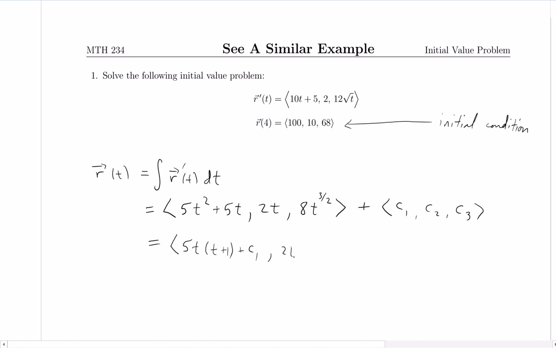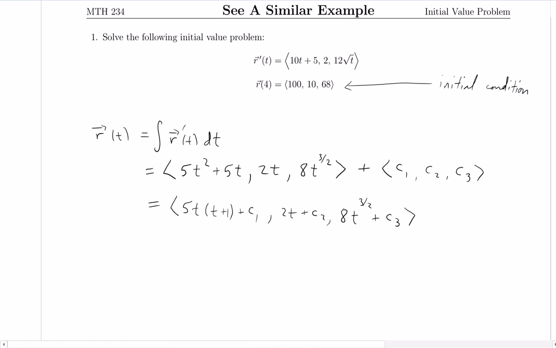And then here, 2t plus c2, and 8t to the 3/2 plus c3. So we're most of the way there. We know generally what the function r looks like. But to actually be done and have our final answer, we need to find what these 3 constants are. And that's where we use the initial condition.